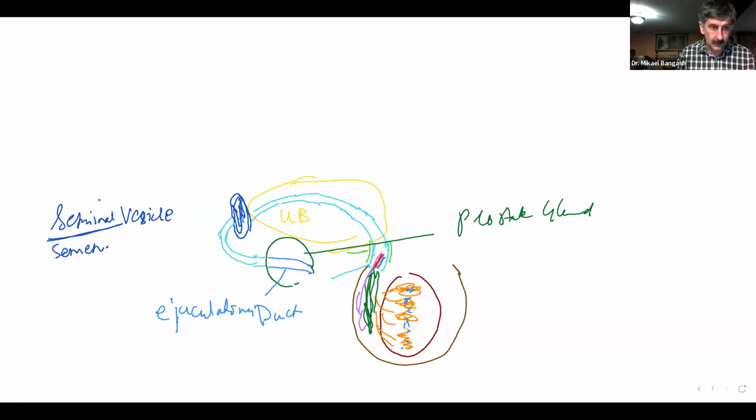Now, what we also have coming from the urinary bladder is going to be the urethra.